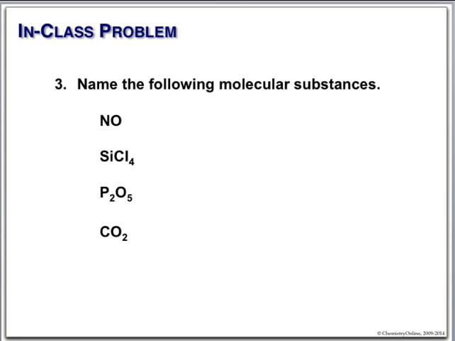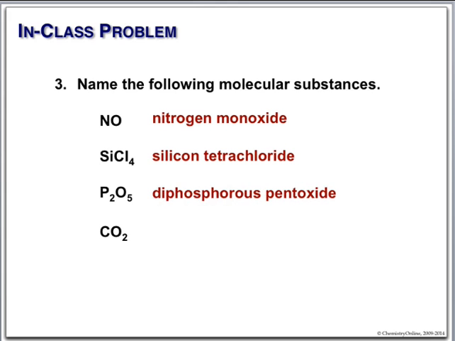And we have an oxygen, one of them. Nitrogen monoxide. One silicon, so it's just silicon as our first word. 4 is tetra. We have 2 phosphorus, so we have to use di, don't we? Diphosphorus pentoxide. 1 carbon, no multiplier, 2 oxygens, dioxide.